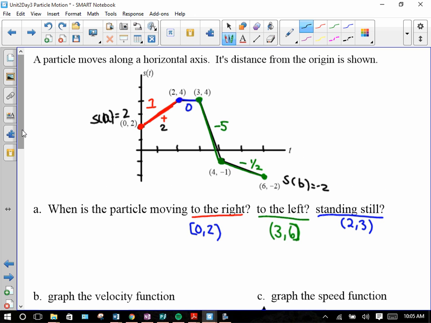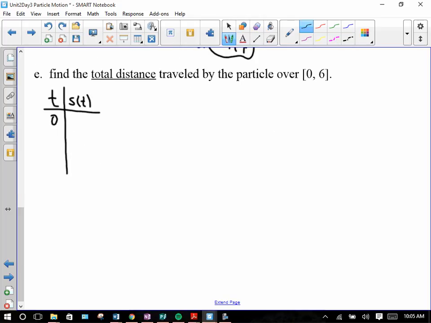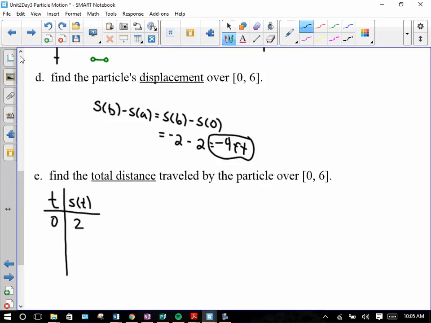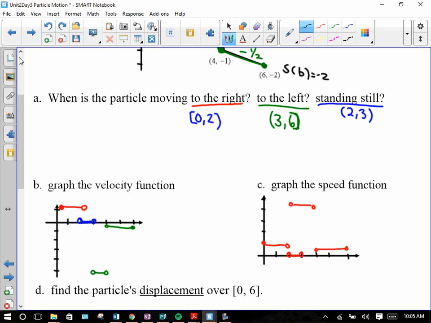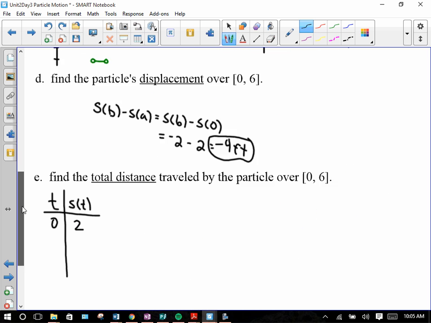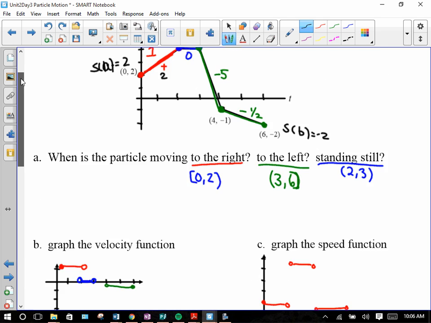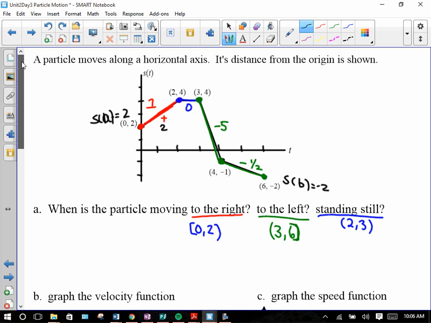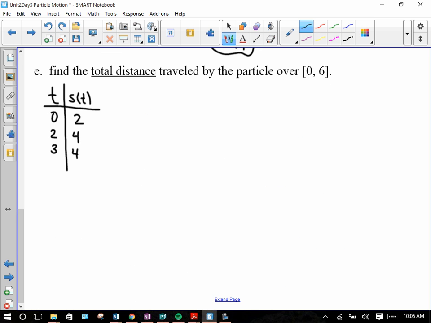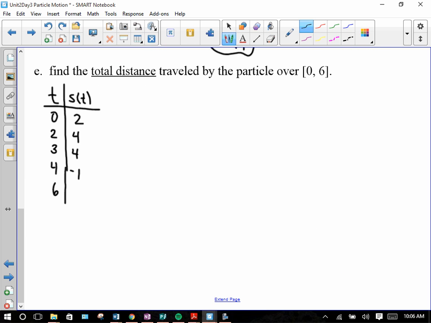Here's what we do. At t equals 0, the position was 2. At t equals 2, position was 4. At t equals 3, position was 4. At t equals 4, it was negative 1. And at 6, it was negative 2.